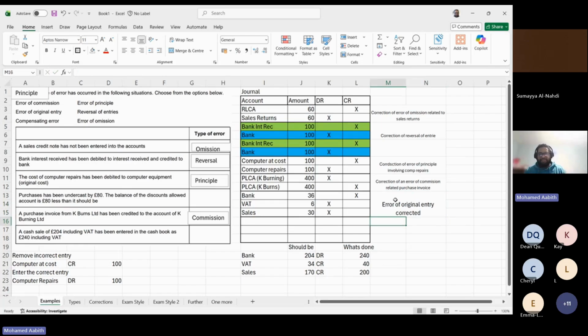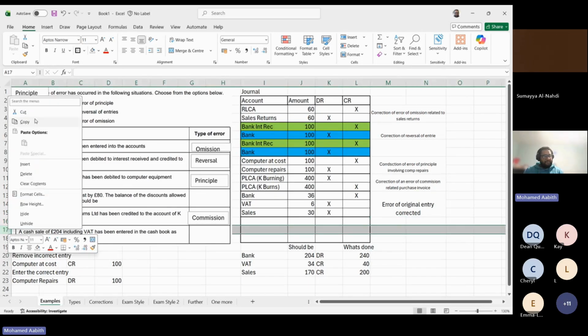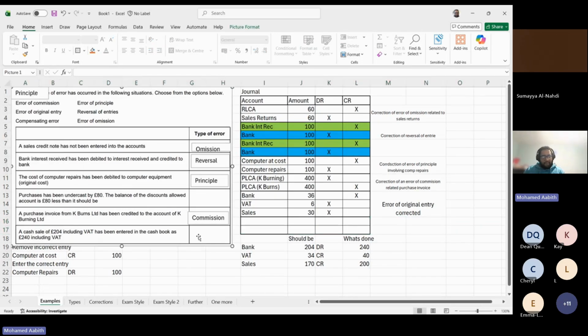Okay, error of original entry corrected. It could have been, or correction of error of original entry involving a cash sales transaction. We could have done that way as well. It's absolutely fine. Okay, so here we're going to say it is going to be an original entry. So let me quickly go here, Control C, Control V.